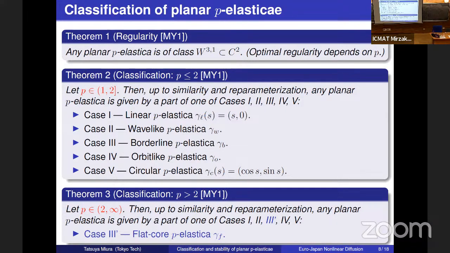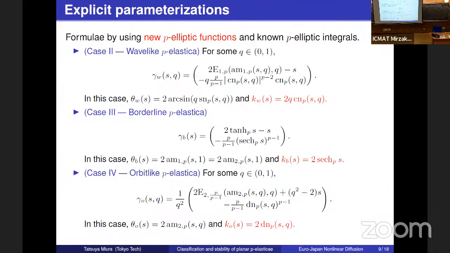In the degenerate regime, meaning p is greater than 2, case 5 turns out to be a little bit complicated, which is called flat-core p-elastica. Maybe Professor Bello is very familiar with this concept, but I will show you more precisely later. First of all, I show you the precise formulas for cases 2, 3, 4.